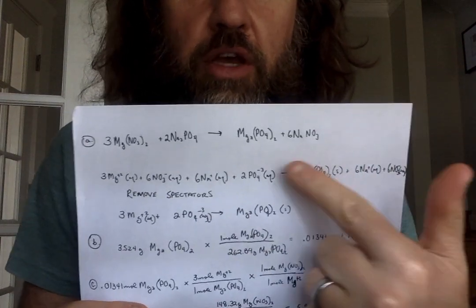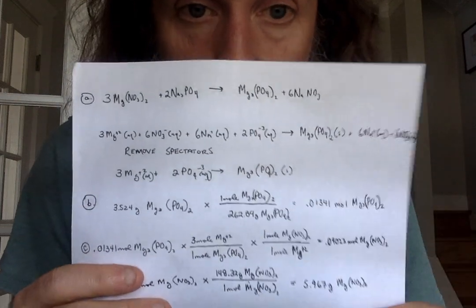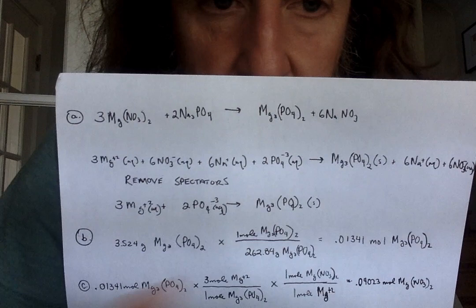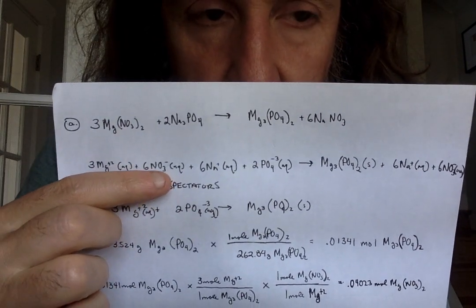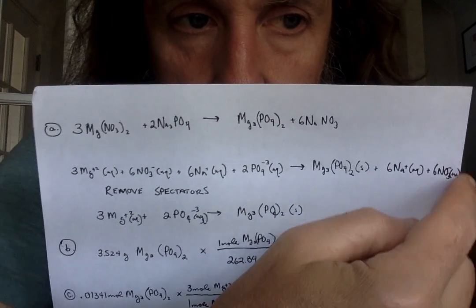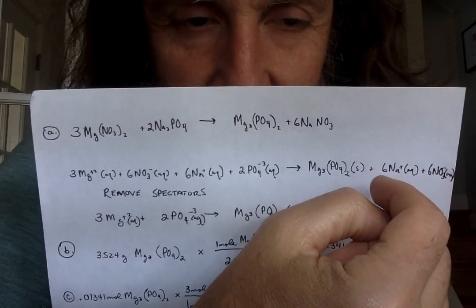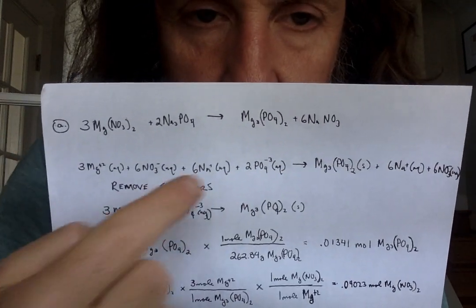So this right here is going to be our precipitate. I bust everything up into ions, and if you look, the nitrates, even though I had to squeeze them in there, are the same on both sides. The sodium is the same on both sides.